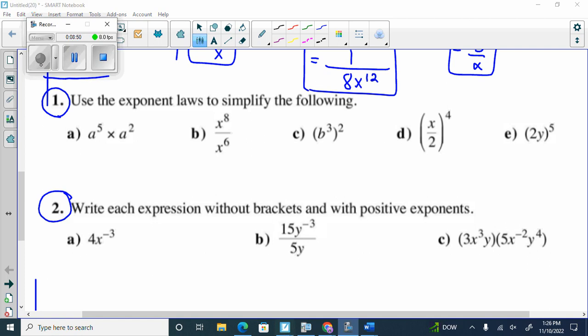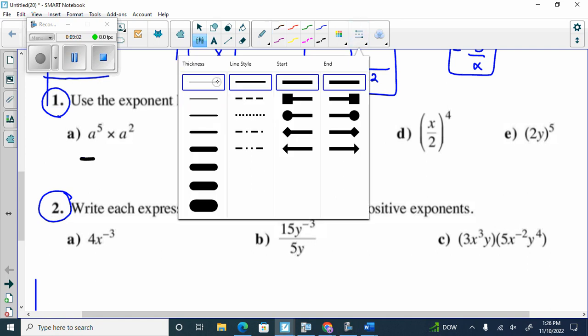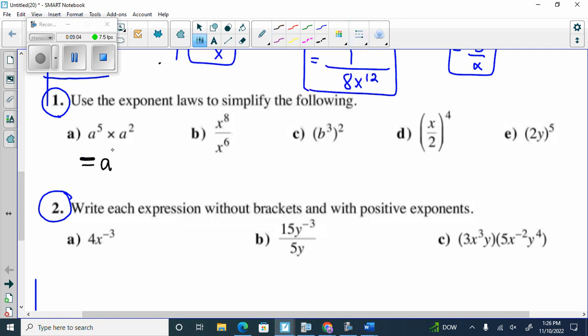Okay, a to the 5 times a to the 2 is a to the 7. No, we did this earlier. I don't know. Okay, what about B? It's not an A. X to the 2.